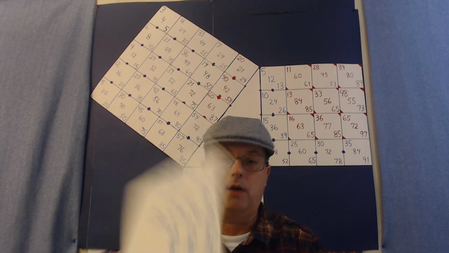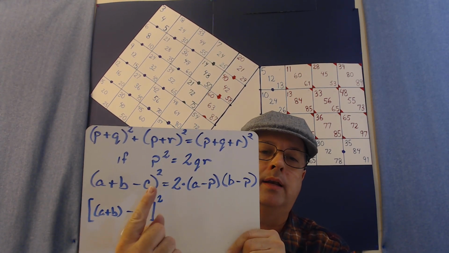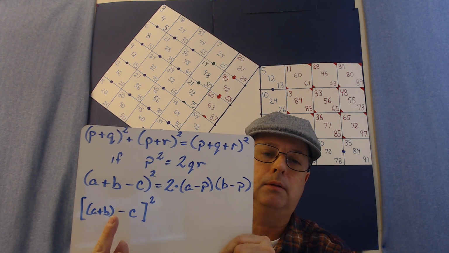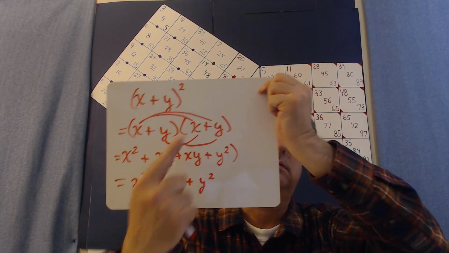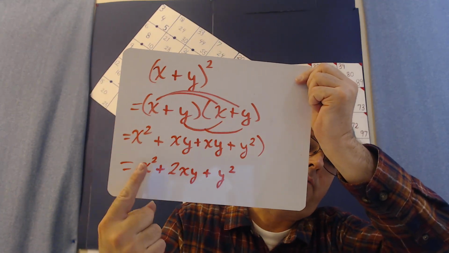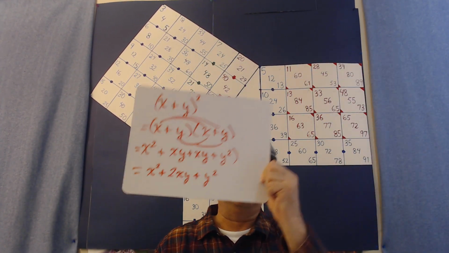Okay, so I want to square A plus B minus C. And the A plus B is going to be my X. And so then I'm going to put X squared, and that means I'm going to put A plus B squared. This formula also works if it's minus, so put a minus here.